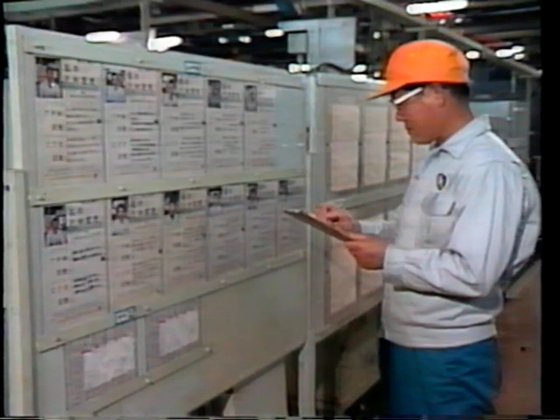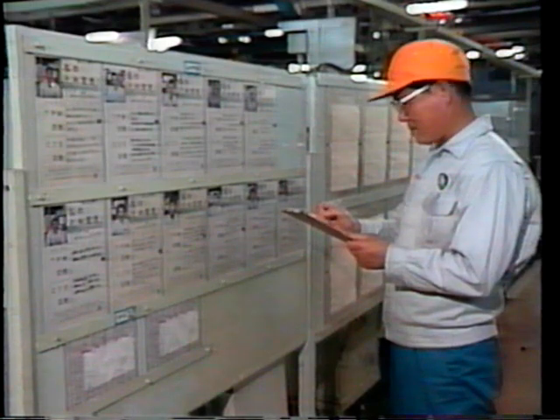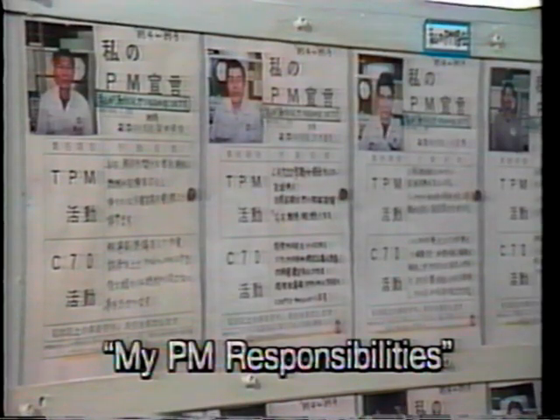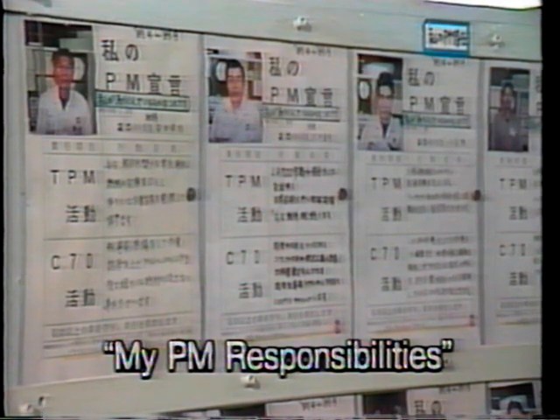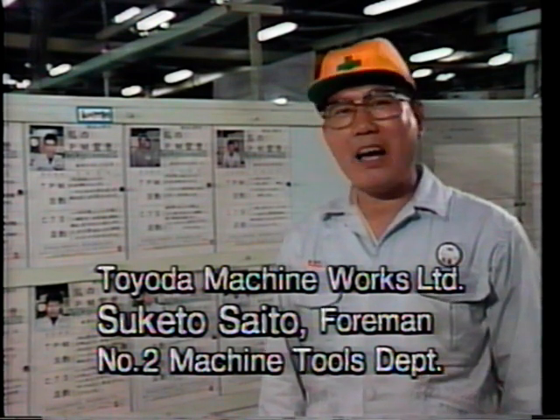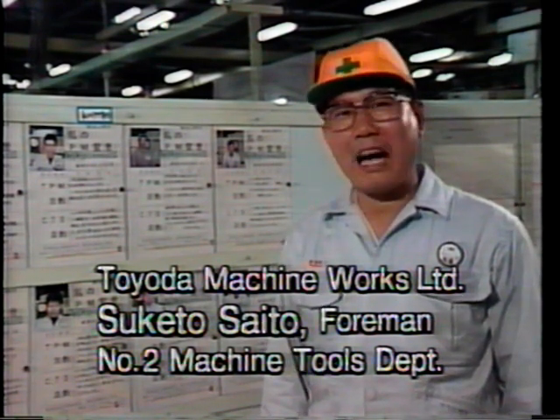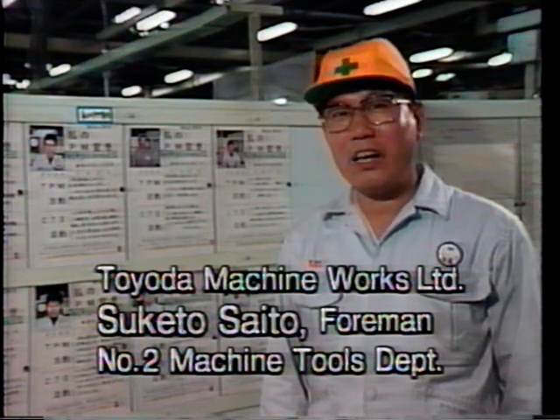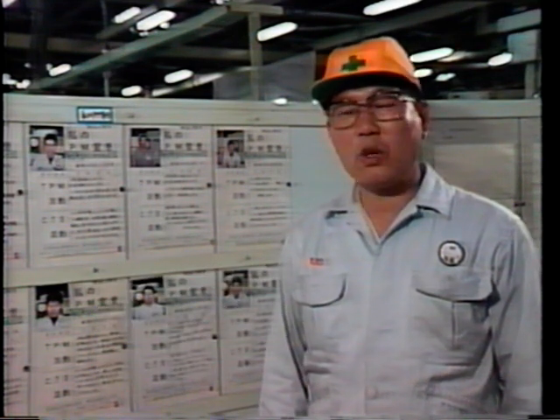These cards, called My Plant Maintenance Responsibilities, are designed to encourage every member of the staff to feel their own responsibilities when they participate actively in 5S activities. The purpose of these cards is to announce each individual's aims for a 6-month period.